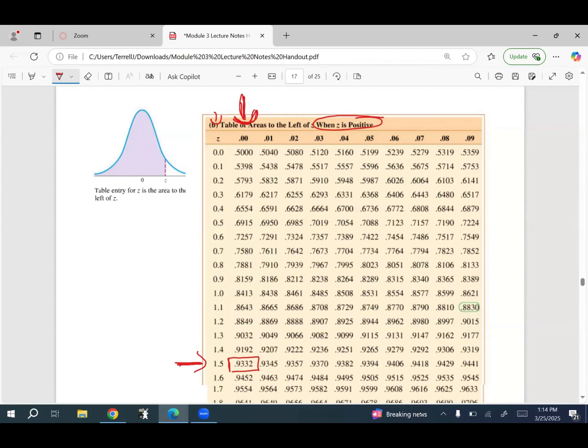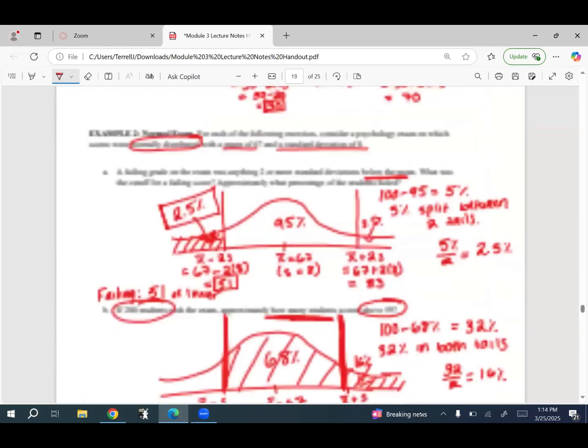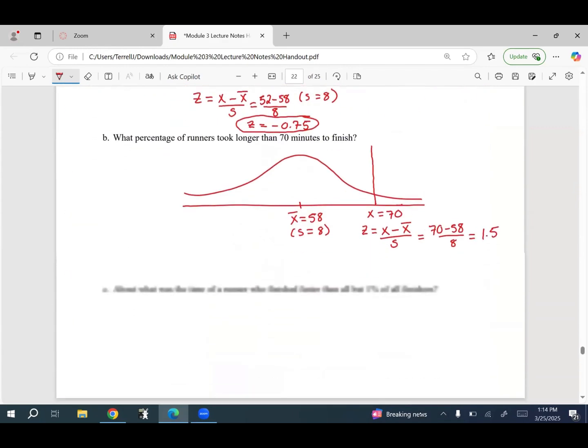Remember, these are all to the left. So 0.9332 is this piece right here. But what am I looking for? What percentage of runners took longer than 70 minutes? So I'm looking for this piece, more than.